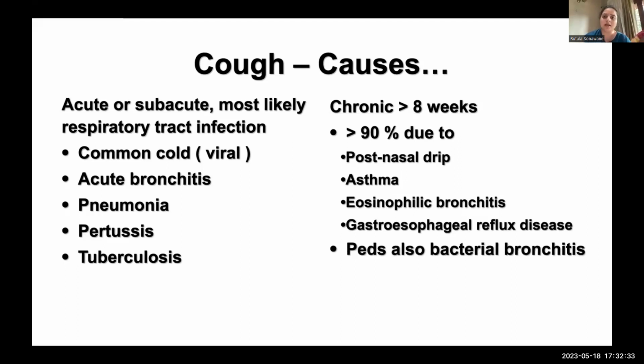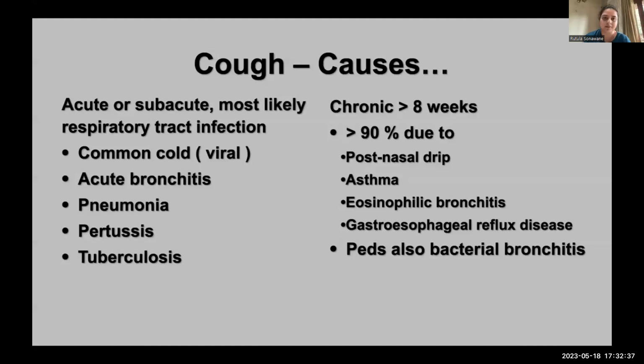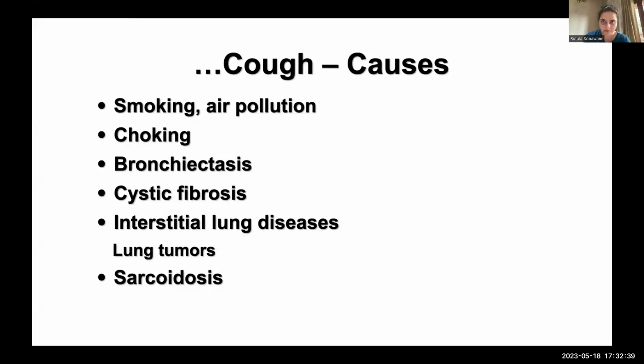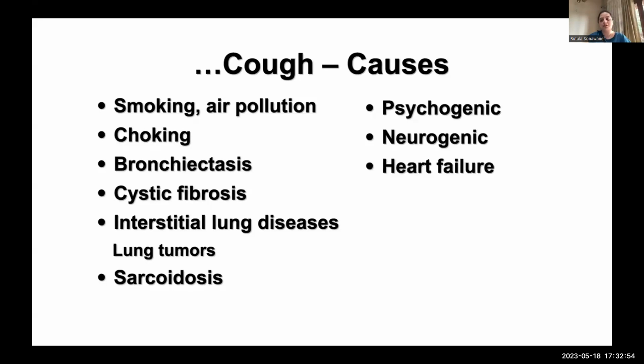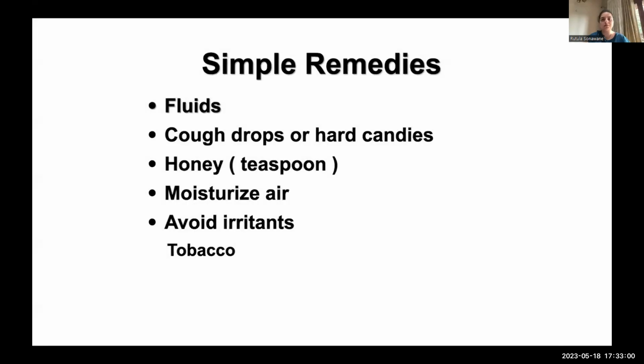In pediatrics it is usually bacterial bronchitis. Smoking and air pollution cause a lot of cough, choking sensations as well. Bronchiectasis, cystic fibrosis, ILDs, cancer, and sarcoidosis are a few causes of chronic cough. It can be psychogenic, neurogenic, related to heart failure, or medication induced, especially ACE inhibitors.